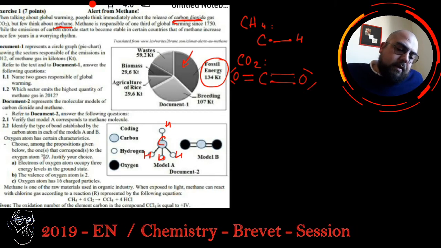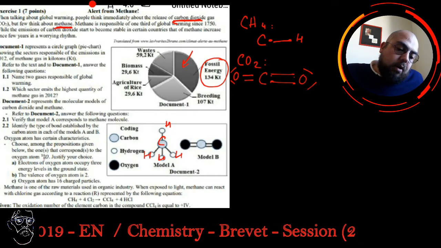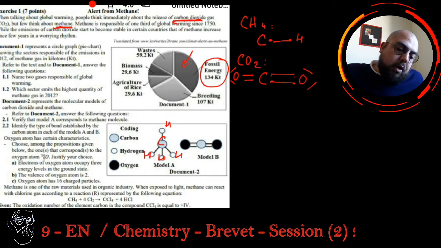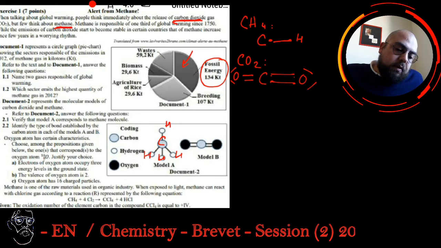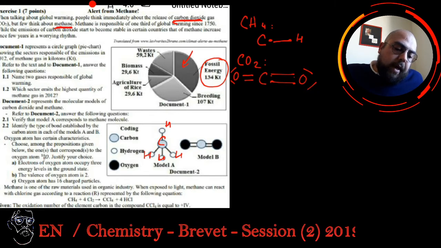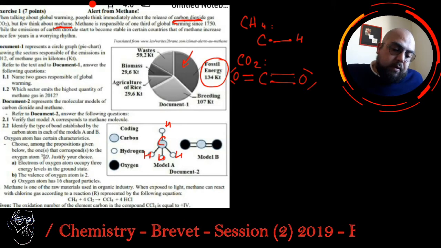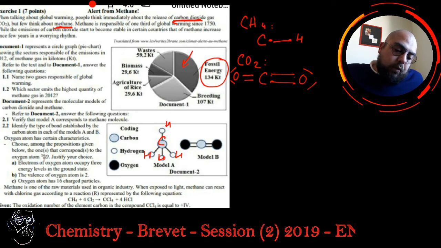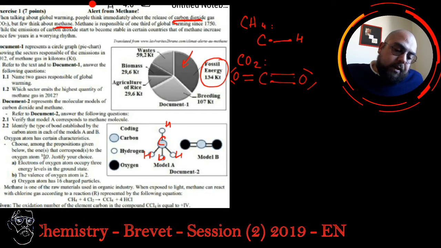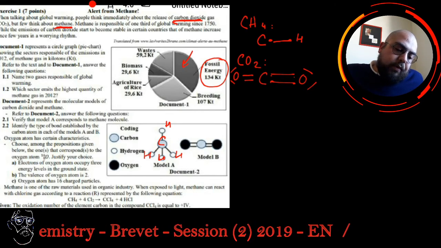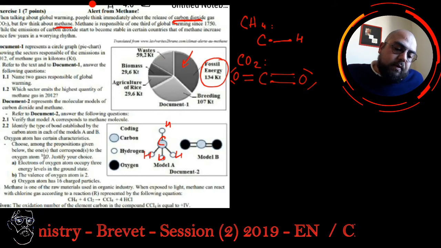Oxygen atom has certain characteristics. Choose among the propositions given below the ones that correspond to the oxygen atom O-16. Justify your choice. So we have, 3a: the electrons of the oxygen atom occupy 3 energy levels in the ground state.